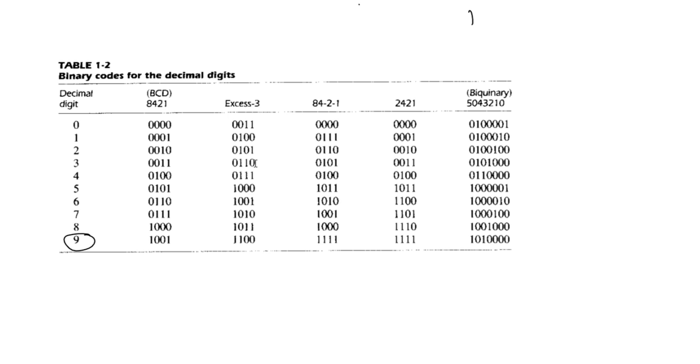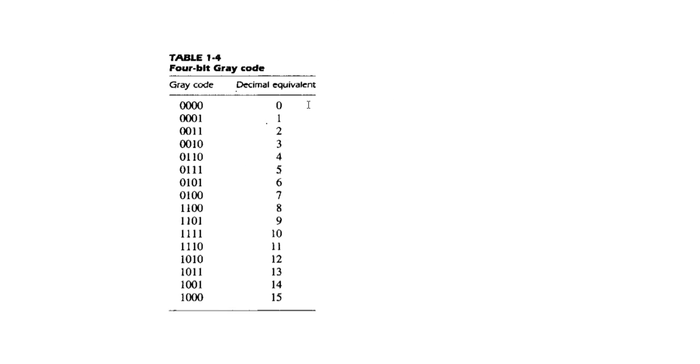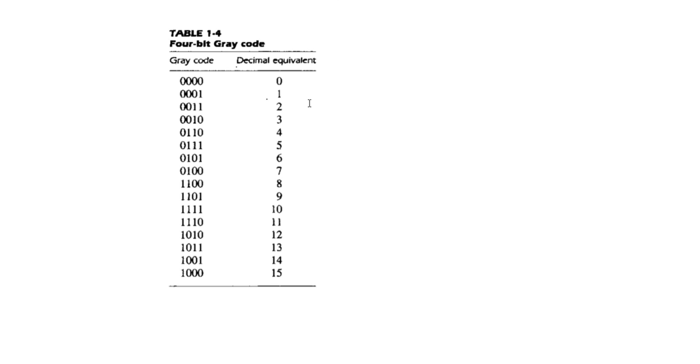Now one more thing I need to explain here, which is also a bit important. I will tell you one more code, which is known as gray code. This gray code is also called the reflected code. It is also a code used to represent a decimal equivalent number.